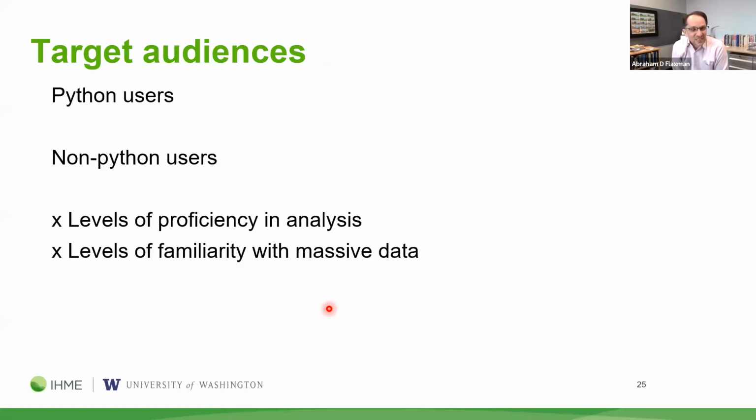Now, as I've alluded to, I have a lot of different target audiences in mind for this. And this has been an interesting challenge, one which maybe you have questions or even just comments about, because I'm very interested in how this audience might approach it. I want it to be something that's useful for Python users, but also I want people who are not really preferring Python to also be able to use it.